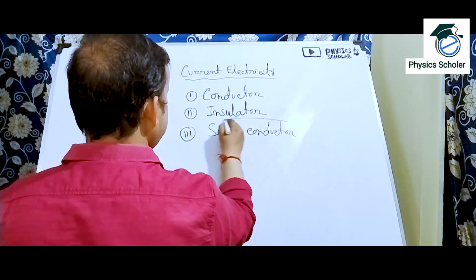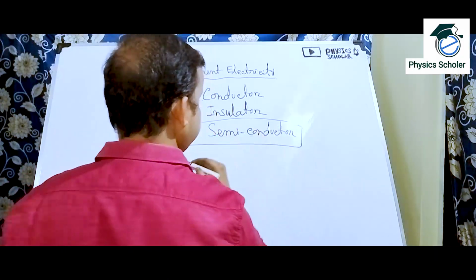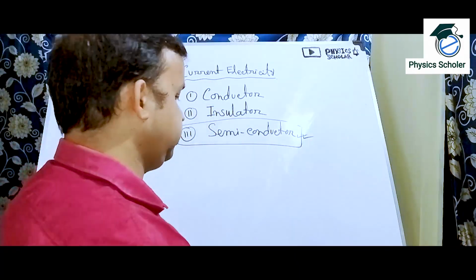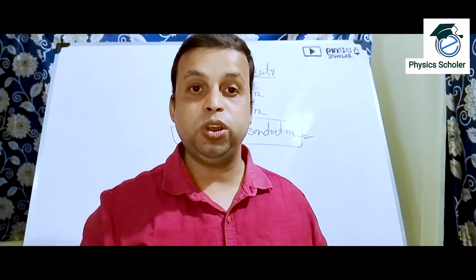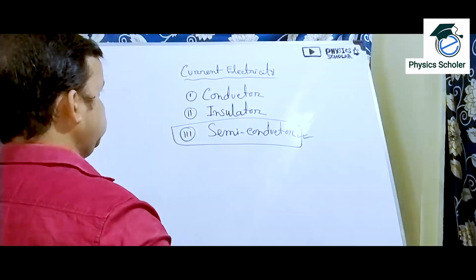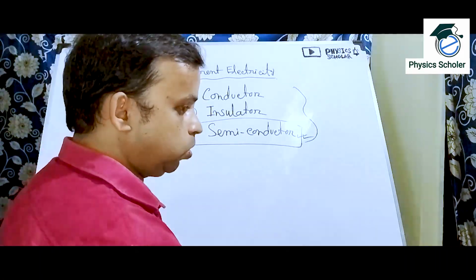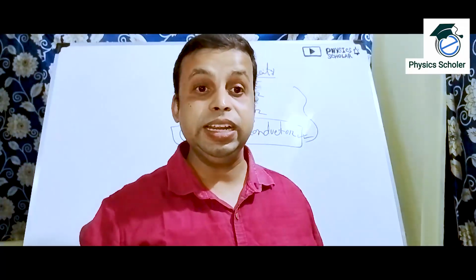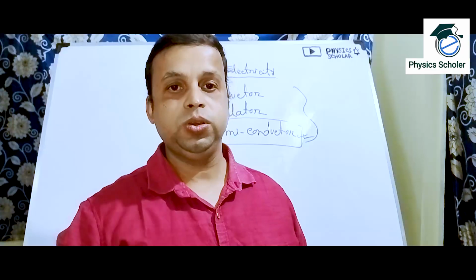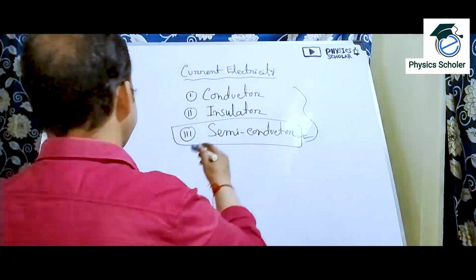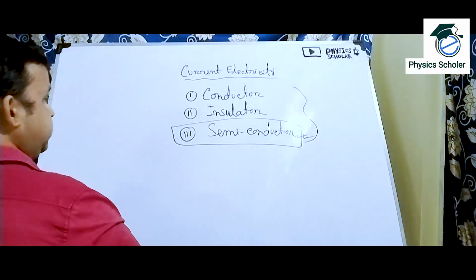What a semiconductor is, I will discuss here, but in detail we will discuss it when I teach you modern physics. These three types of materials are based on how they can conduct current or heat.